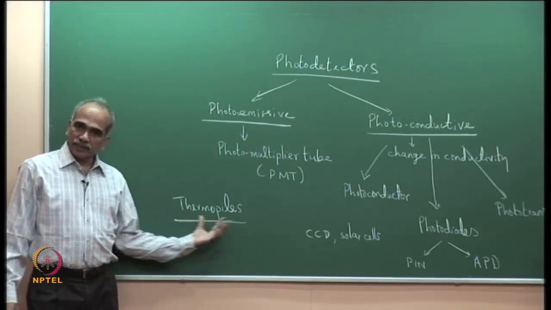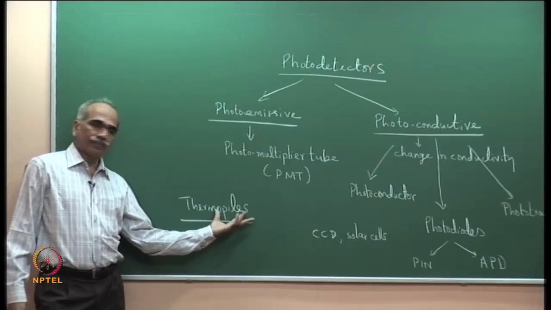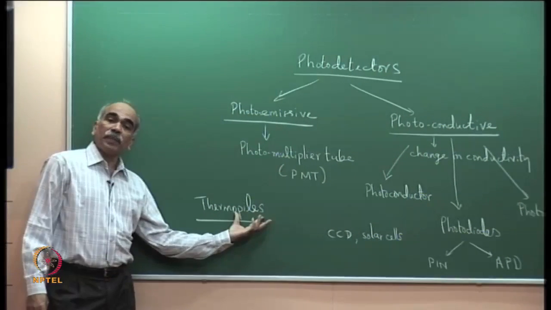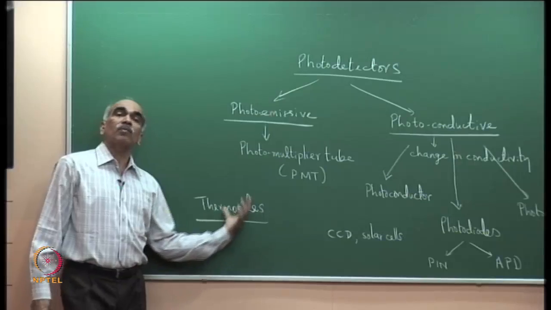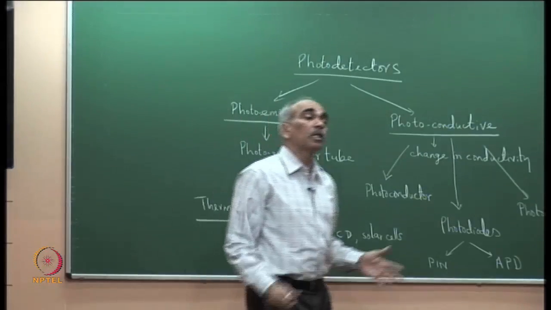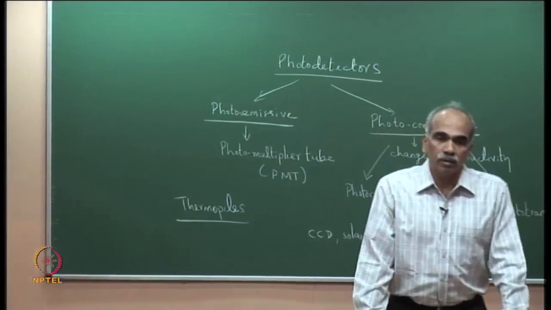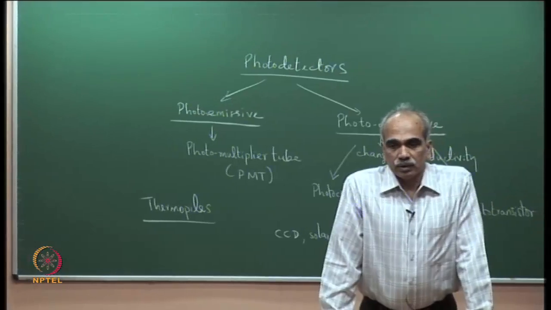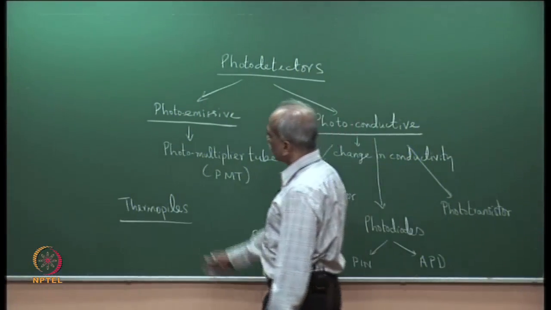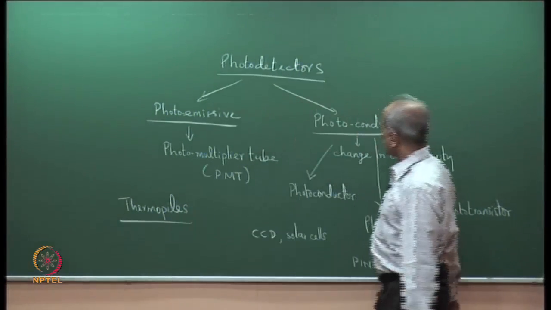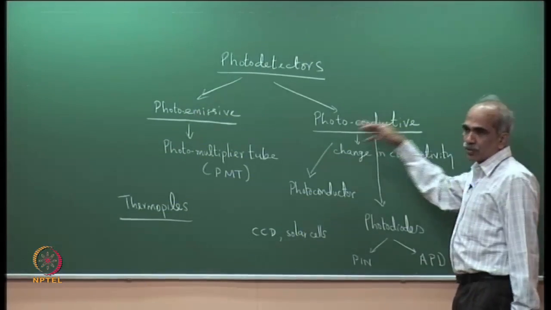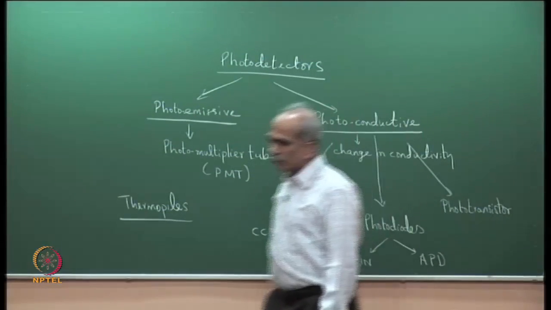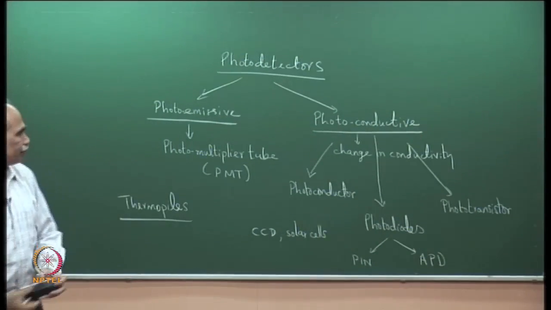As the name indicates, these are certain materials whose temperature changes due to absorption of the incident radiation, particularly used for high energy pulse detection. We will not go into this, but we will focus our attention on the others, and depending on time we will see the other detectors.